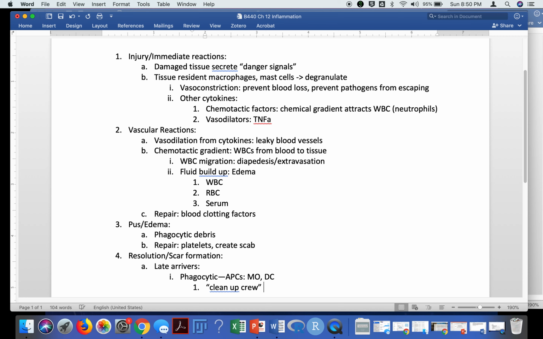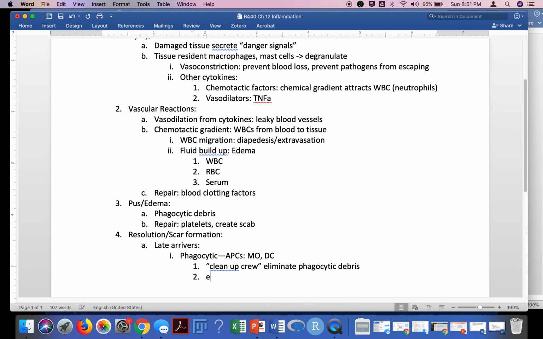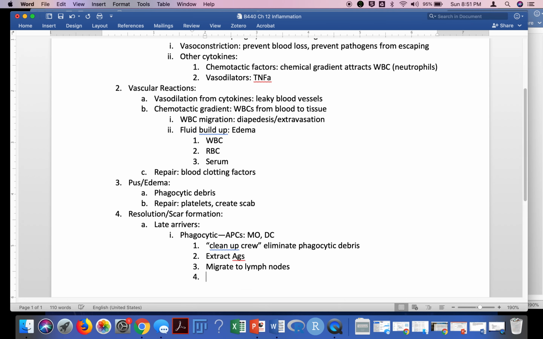So they eliminate that phagocytic debris, and they are also involved in extracting antigens and presenting. They migrate to lymph nodes and present antigen to the lymphocytes.